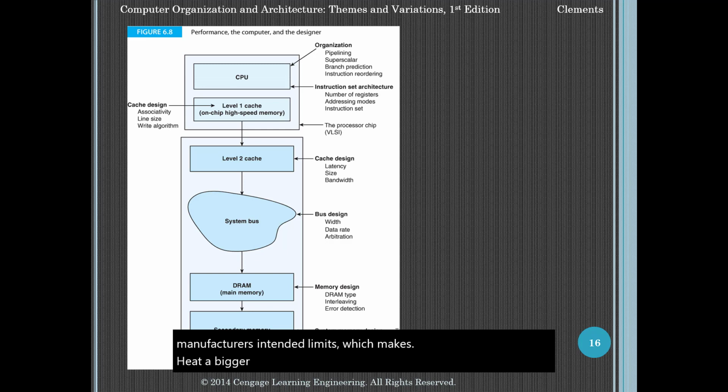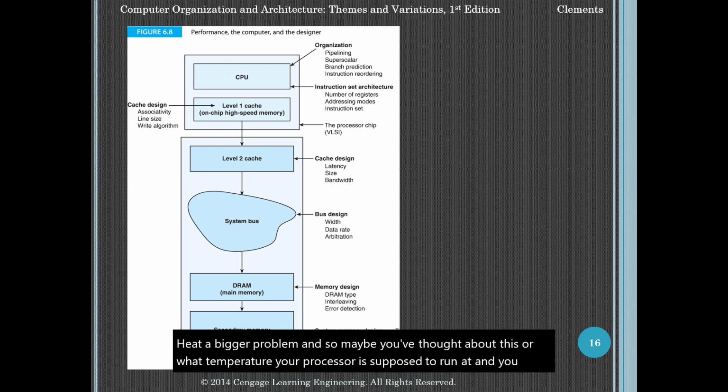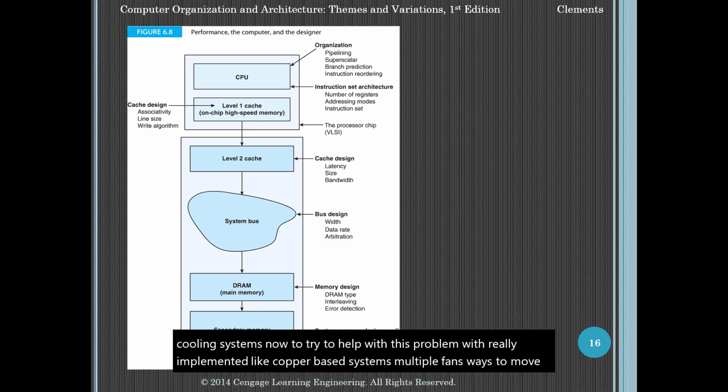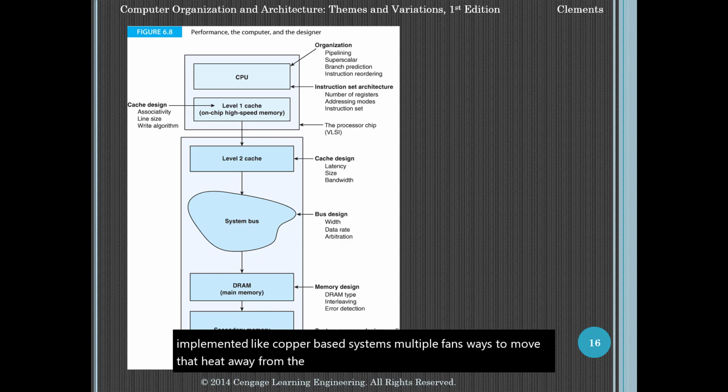And so maybe you've thought about this, or you know what temperature your processor is supposed to run at, and you have struggled with this on a personal level. And we have a lot of different cooling systems now, too, to try to help with this problem. We have really implemented copper-based systems, multiple fans, ways to move that heat away from the die of the chip. You've probably heard of water-cooled systems, right? There's lots of different ways that we've tried to solve this problem.